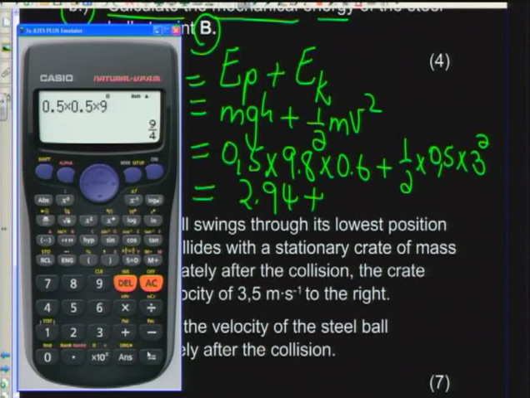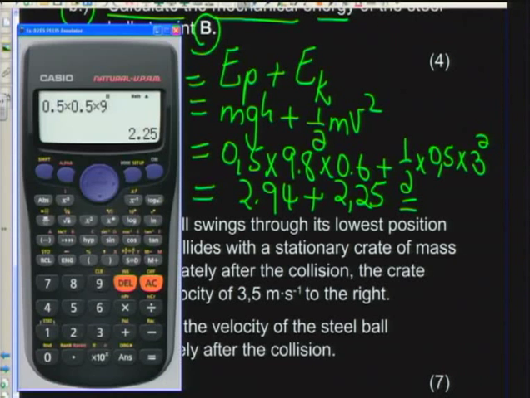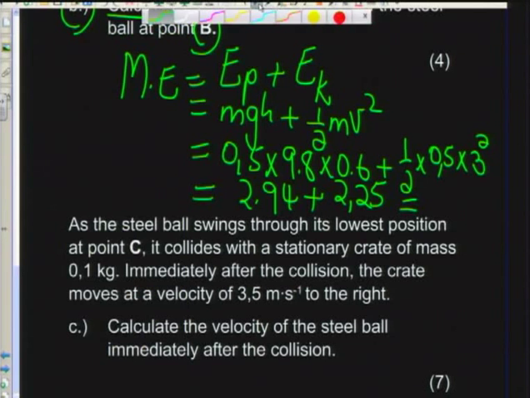I think we can get that immediately, and that is 2.25. And you add those two together, 2.25 plus 2.94, and what do you get? You're getting 5.19 joules.